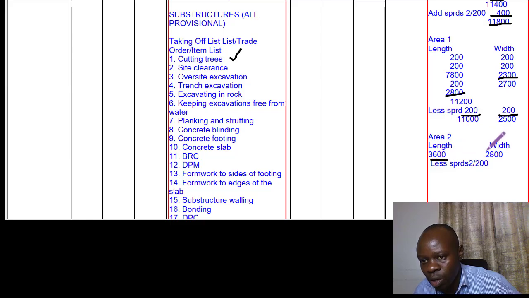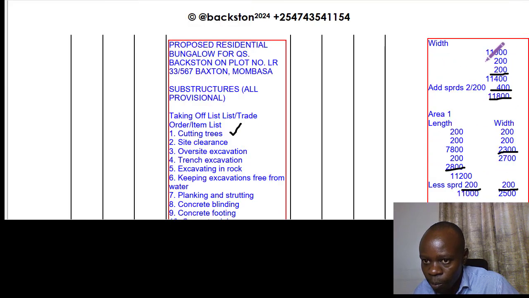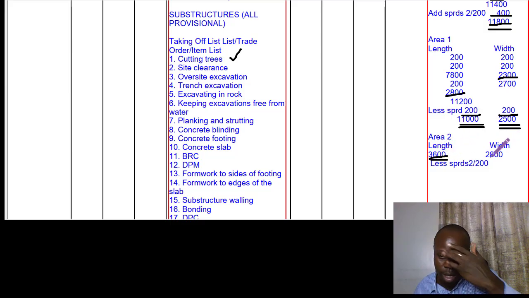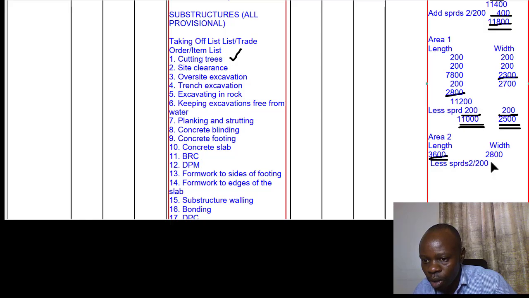You can always make an underline, a double underline, to show that those are the final figures that you are carrying forward. The same case for this, that is also there. So the 2800 that is on the other side, we need to subtract 200 the way we've indicated, 200 times 2, so that is an adjustment of 400.